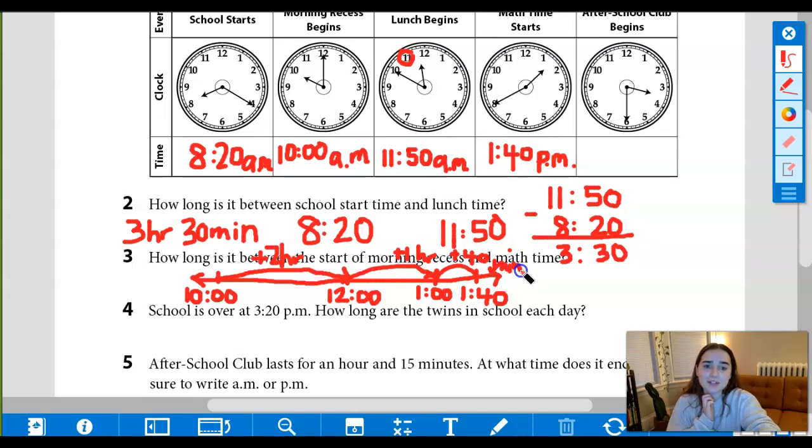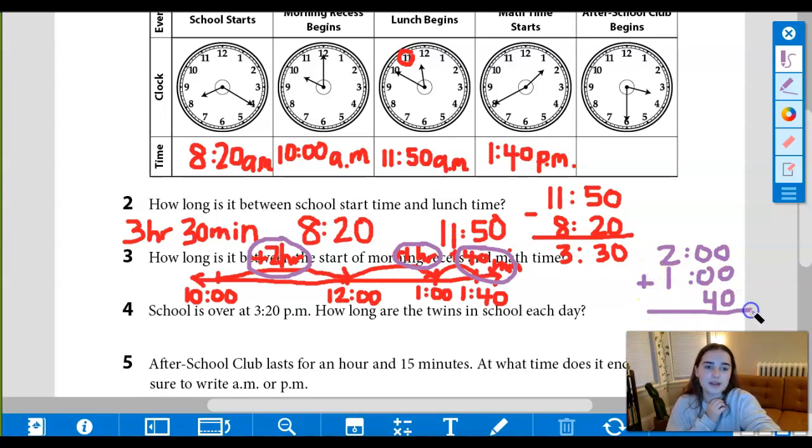Now to answer the question, we have to take a look at all 3 of those times that we added: 2 hours, 1 hour, and 40 minutes. If we add 2 hours plus 1 hour plus 40 minutes, we set it up like an addition problem.